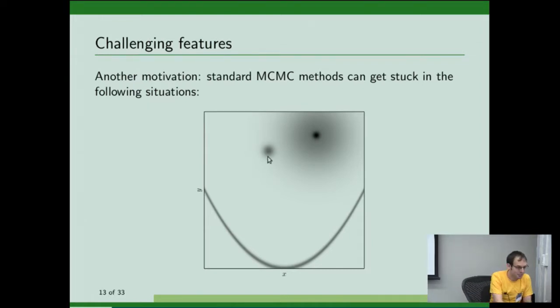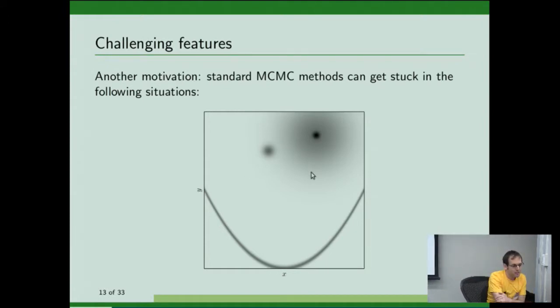But in practice it might take about 100 years for the walker to escape out of here and go through this valley, because this valley by definition has low probability. So it will take a very long time for you to see your MCMC results jumping from one mode to the other and back.